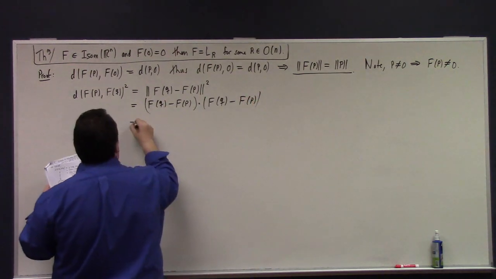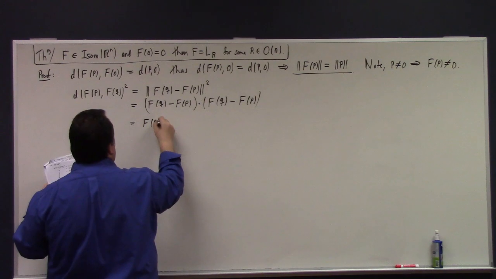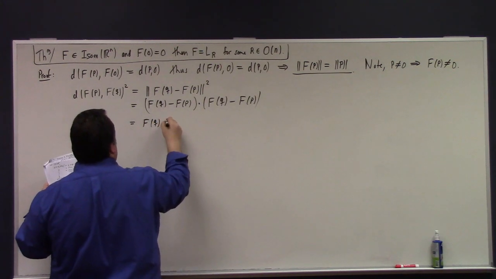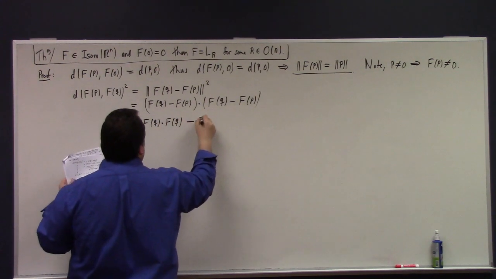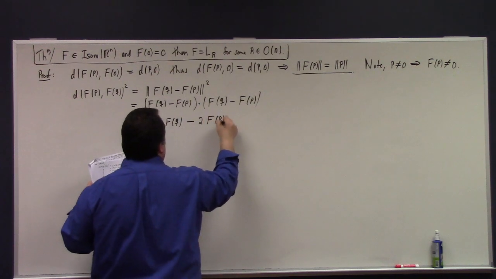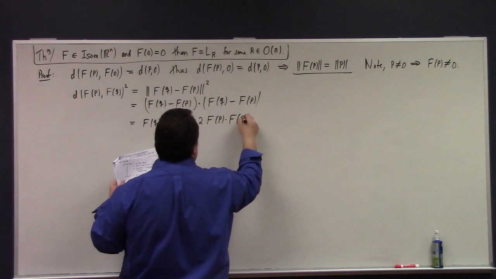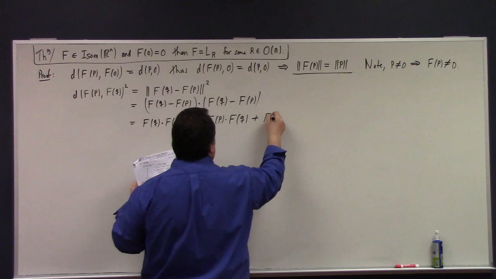Which is f of q dot f of q, minus 2 times f of p dot f of q, plus f of p dot f of p.